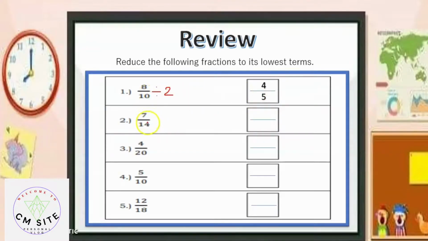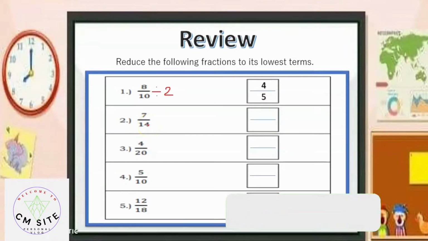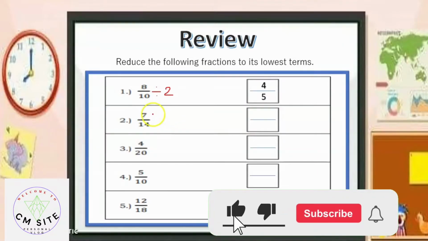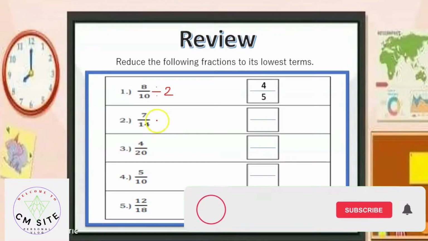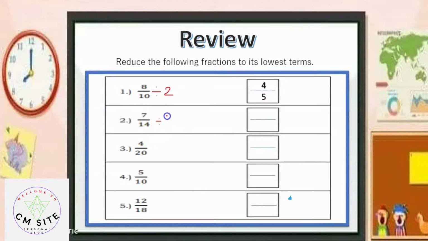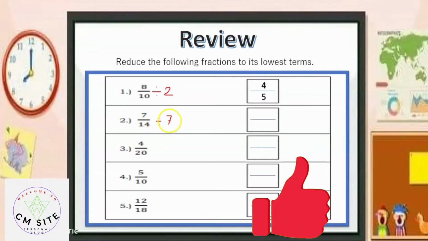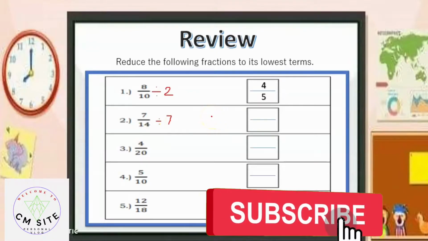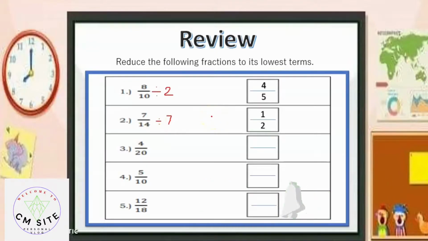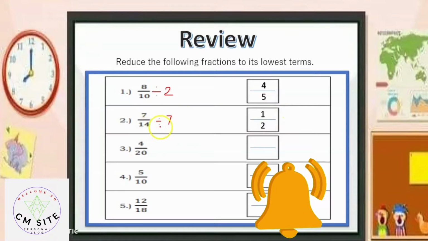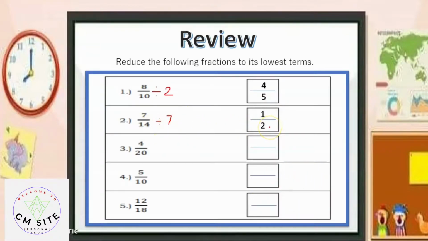Next, 7 over 14. Again, think of a number na pwedeng makadivide sa 7 and 14. Or, get the greatest common factor of 7 and 14. So their greatest common factor is 7. 7 divided by 7 is 1, and 14 divided by 7 is 2.